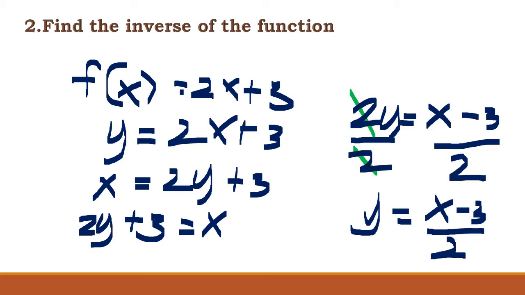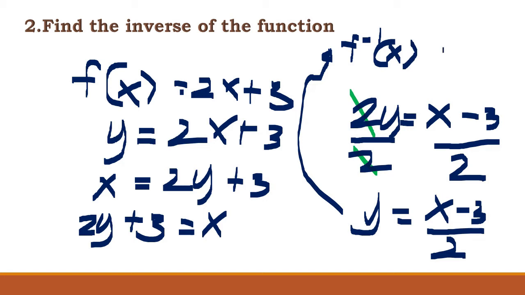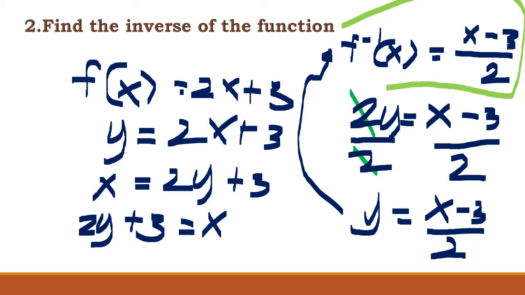Therefore, the inverse is f raised to negative 1 of x equals x minus 3 over 2. So this is the inverse of the given function.